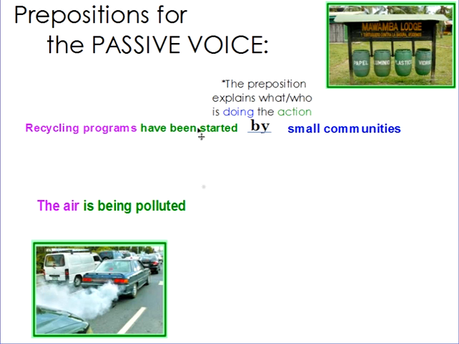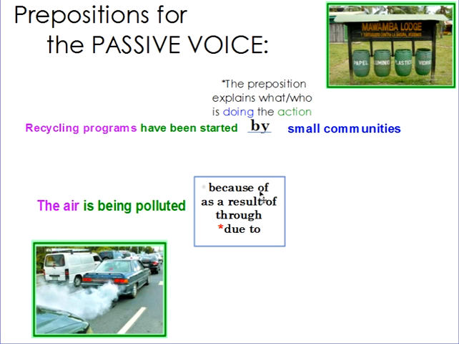So it tells me that this action is done by the small communities, right? But I have different prepositions I can use, and I can say things like this. The air is being polluted because of, or as a result of, or through, or due to fumes from too many cars, right? So again, these prepositions explain who is doing this action.